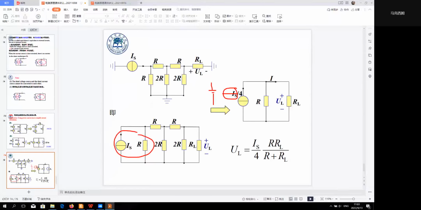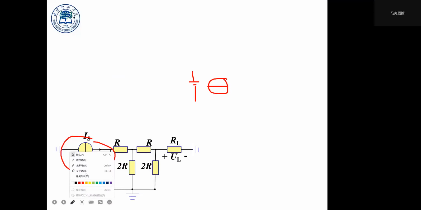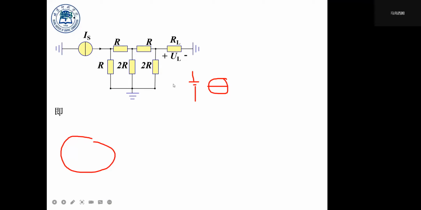There's a problem with this marker. You can't read this stuff.